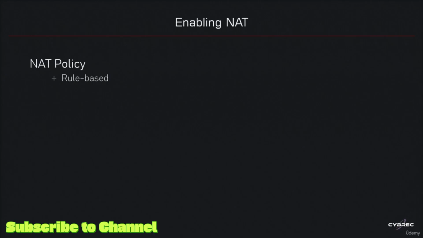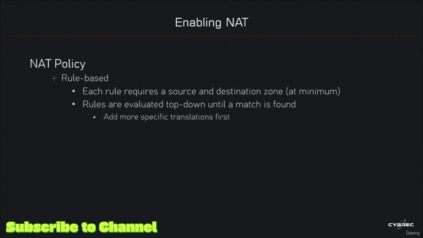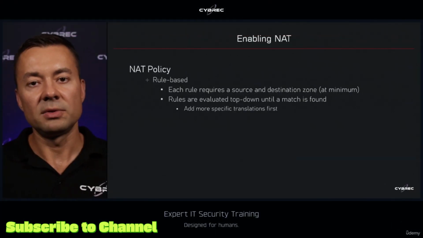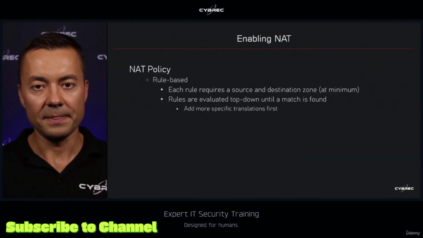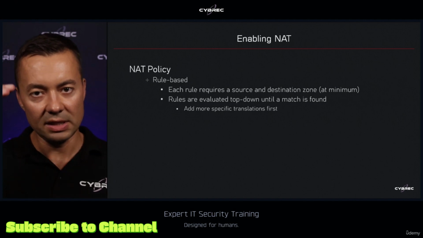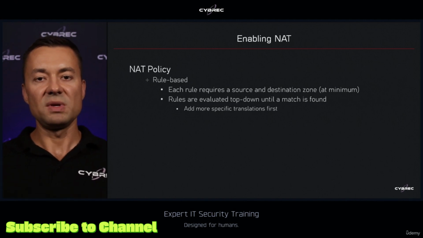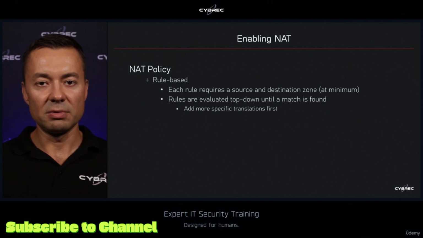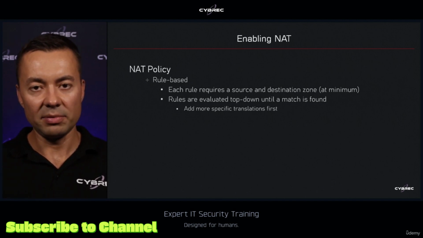Before we take a look at configuration, let me quickly discuss the policy for NAT. Each rule, NAT policy rule, is going to require a source and destination zone at minimum, and similar to security policy, NAT rules will be processed in a top-down fashion, which means that we will start evaluating the policy with the rules that are placed at the top of the policy.